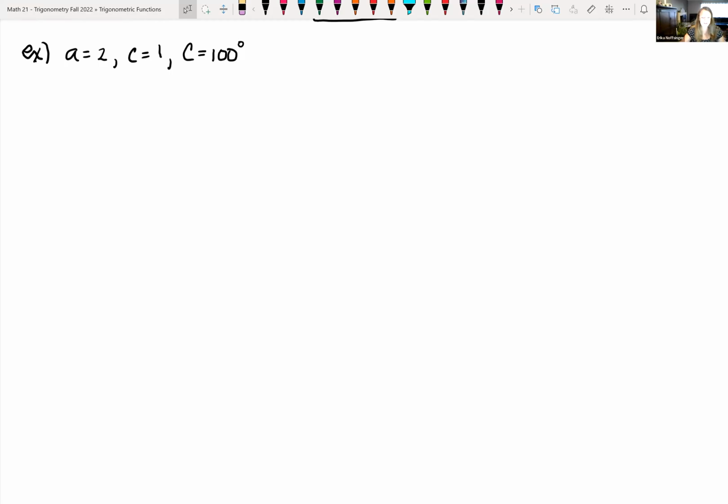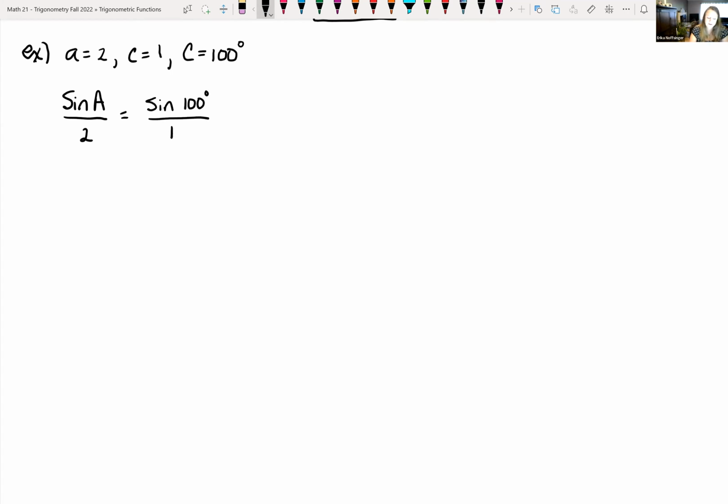Okay, so in front of us, we have side A is equal to 2, side C is equal to 1, and angle C is equal to 100 degrees. So the first thing that we would look for is our angle A. And since I'm looking for an angle, I'm going to put the sine of angle A in my numerator, all over side A, which is 2, equals sine of angle C, which is 100 degrees, over side C, which is 1.